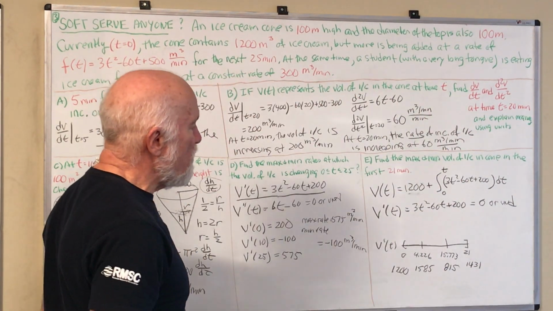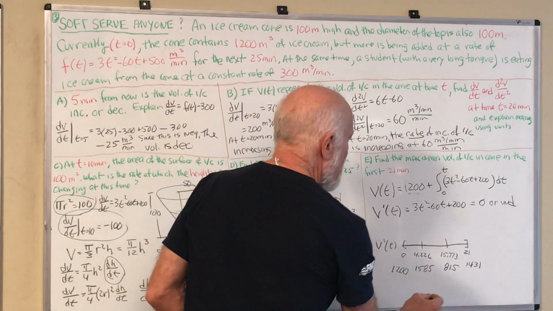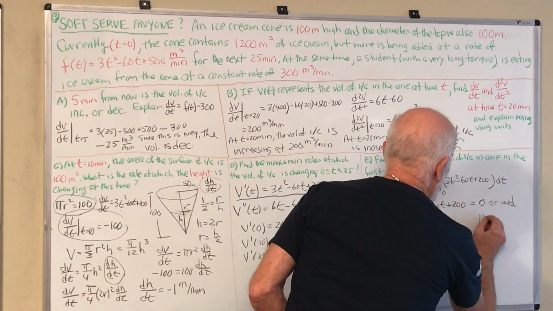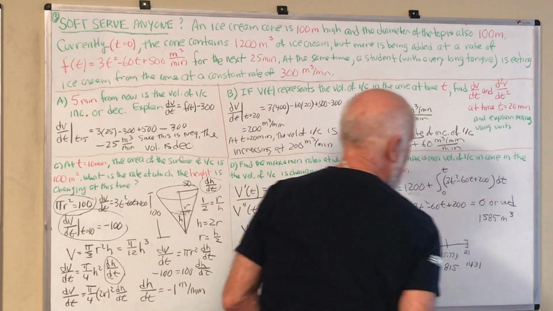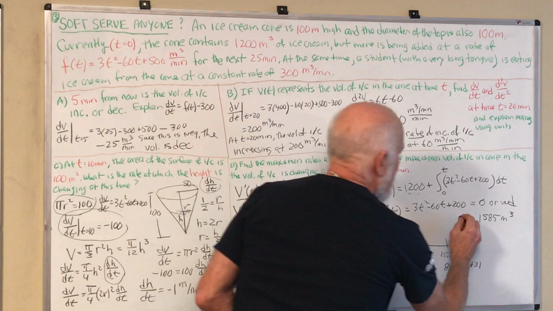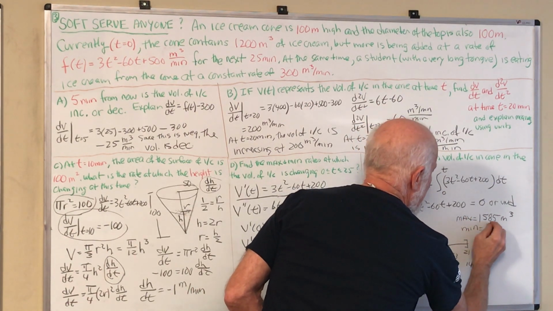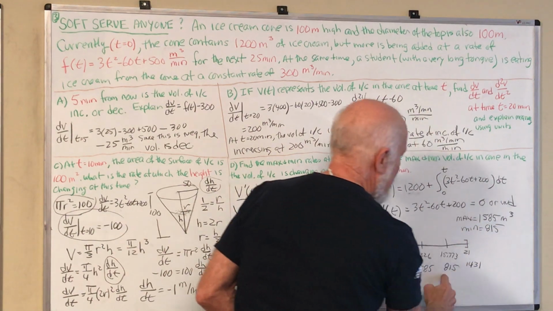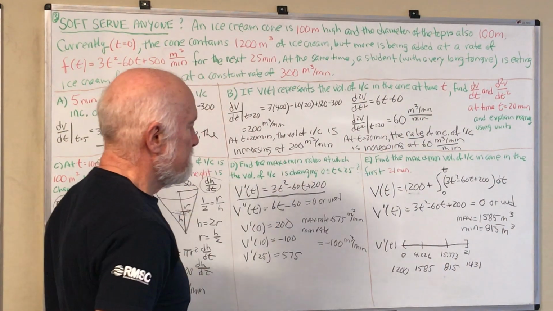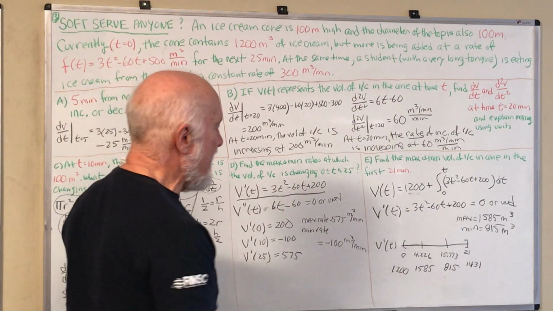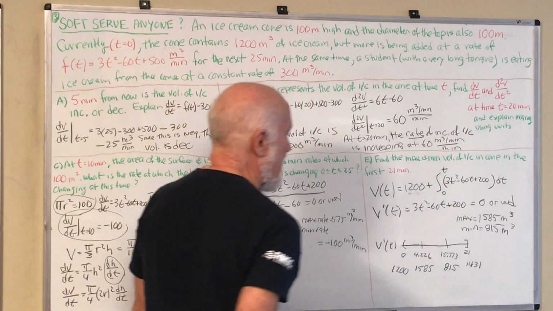So in the first 21 minutes, what was the maximum amount of ice cream? It would have been 1585 cubic meters. The minimum would be 815 cubic meters. So the maximum happened and the minimum at these local maxes and mins.